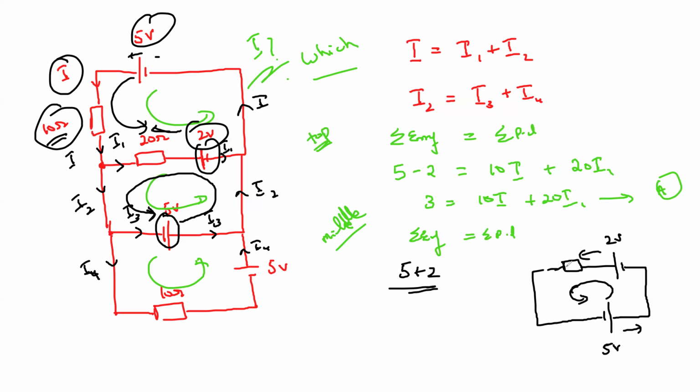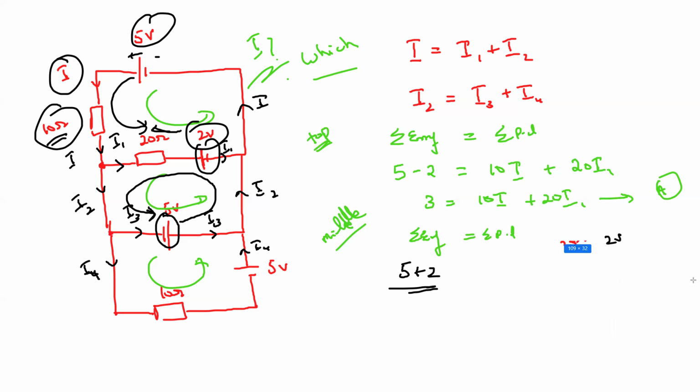According to the question, this is I1, and this is a 20 ohm resistor, so the total potential difference will be 20I1. So when we simplify, 7 is equal to 20I1.